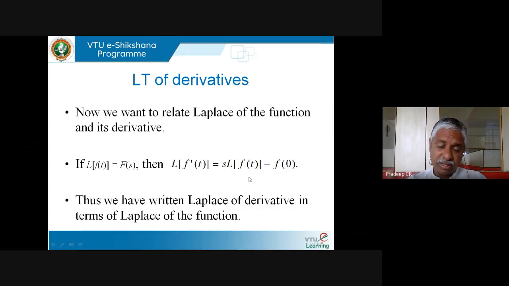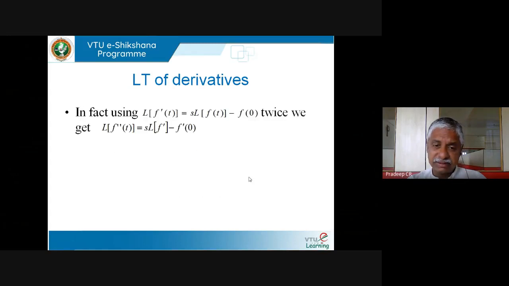More importantly, where I will use that is in solving differential equations. In fact, you use this same formula, L of f dash t equal to s L of f(t) minus f(0), twice.